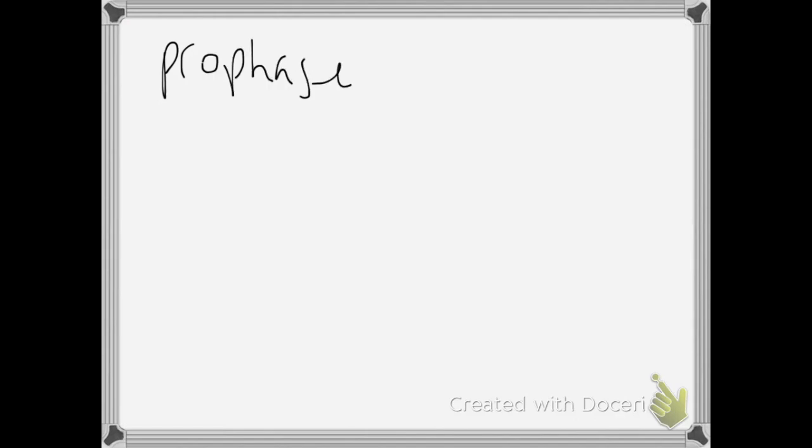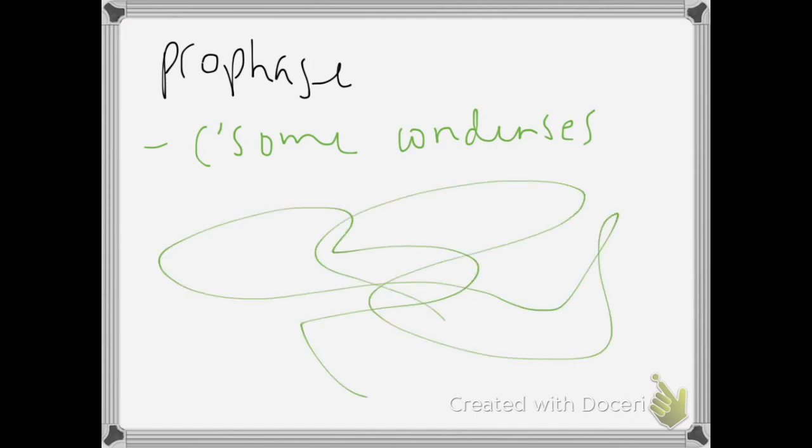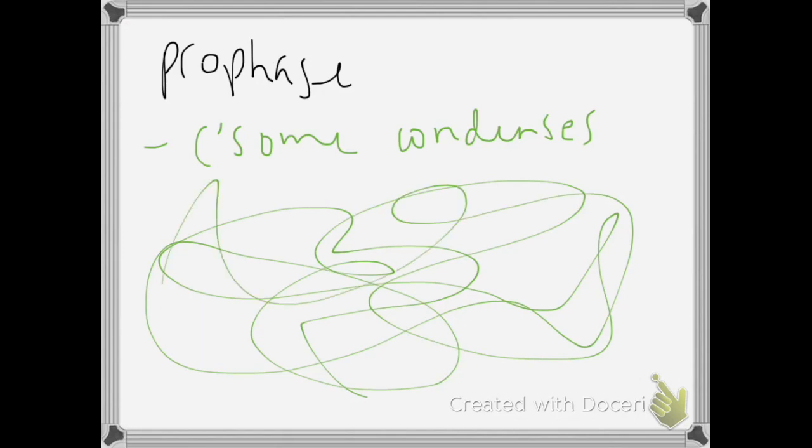Prophase. So prophase, this is saying chromosome. So the chromosome condenses into what you think looks like a chromosome. Normally, chromosomes are just in this loose form called chromatin like this, and it's just all over the place.